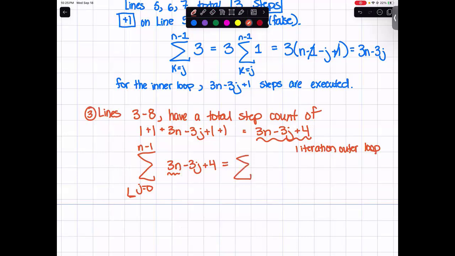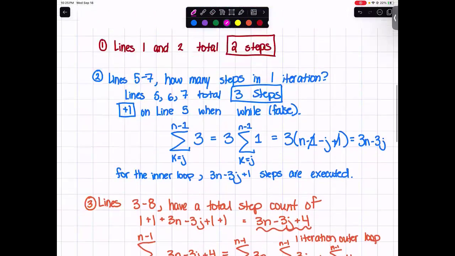All right, let's break each term out individually. J equals 0 to n minus 1, 3n, minus j equals 0 to n minus 1, 3j, plus j equals 0 to n minus 1 of 4.